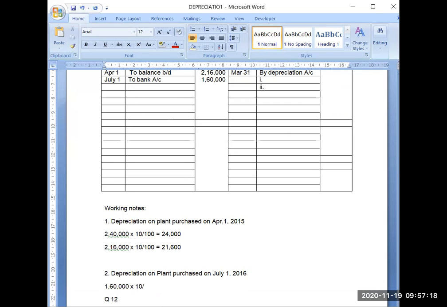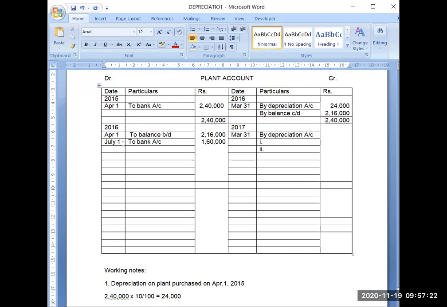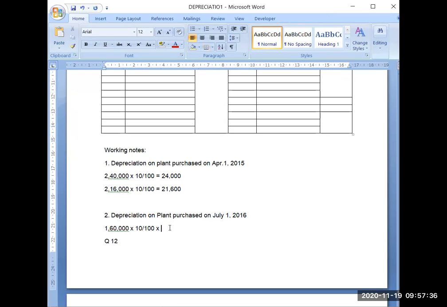Rate of depreciation is 10%. Time we have to count from July 1 to March 31st. We have used this machine. So July 1 to March 31st, it will be 9 months. 9 upon 12. If we simplify it, it will become 16,000 into 3 upon 4, and that will be equal to 12,000.